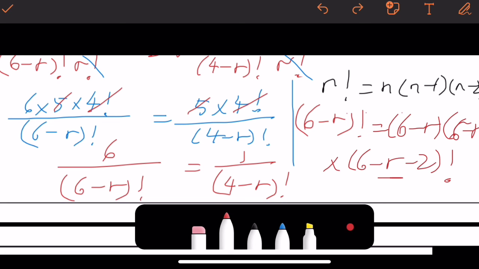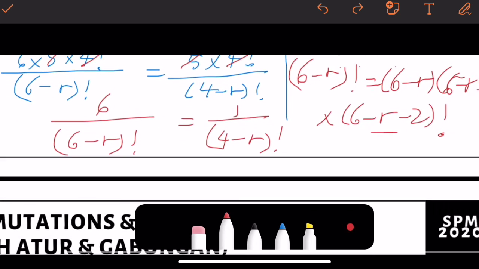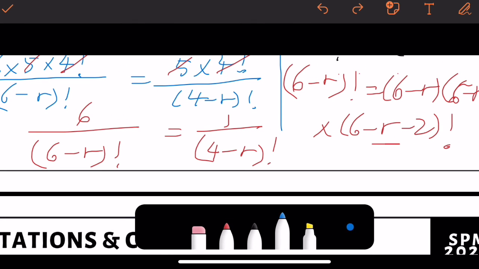Actually, in fact, this is a 4 factorial, right? Can you see that? Now I'm going to simplify. This one is 4 minus R factorial. If I expand this, I can cancel out this thing. This is 5 minus R.